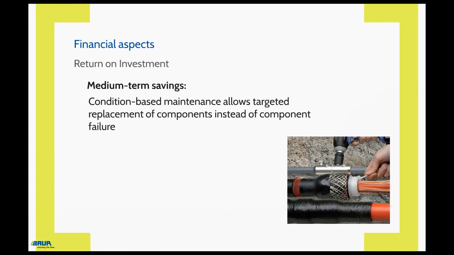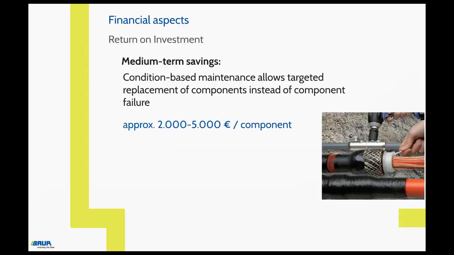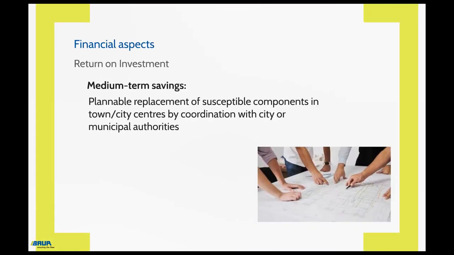Condition-based maintenance makes it possible to strategically replace components before they fail. This gives a saving of at least 2,000 to 5,000 euros per component. Evaluating the condition of cable routes makes it possible to strategically plan for maintenance projects.